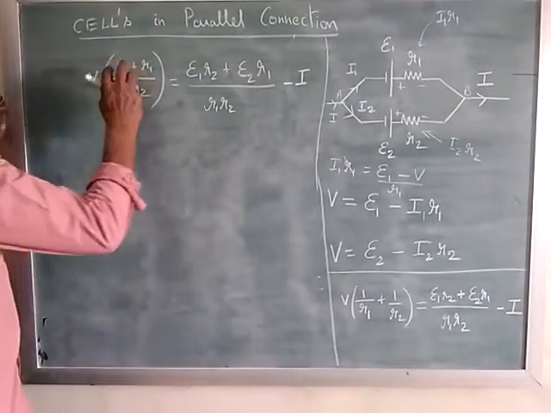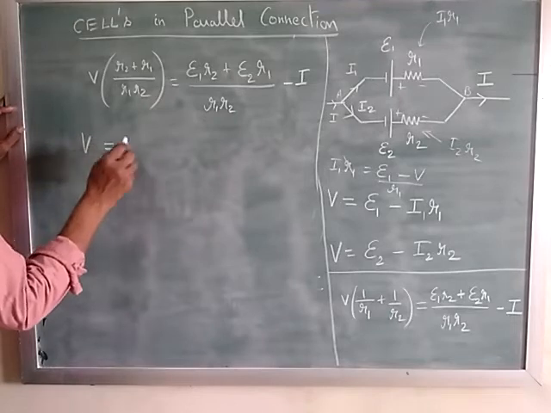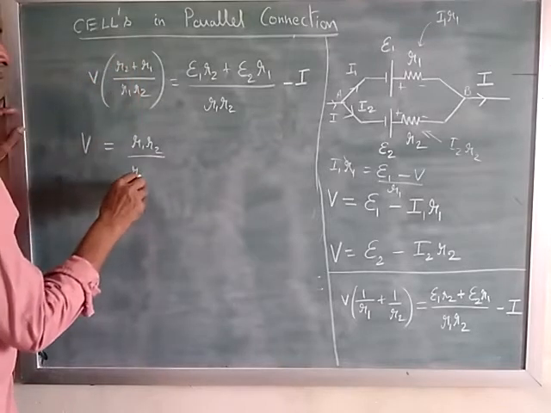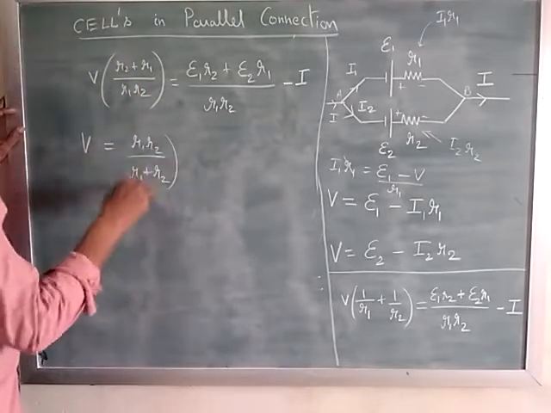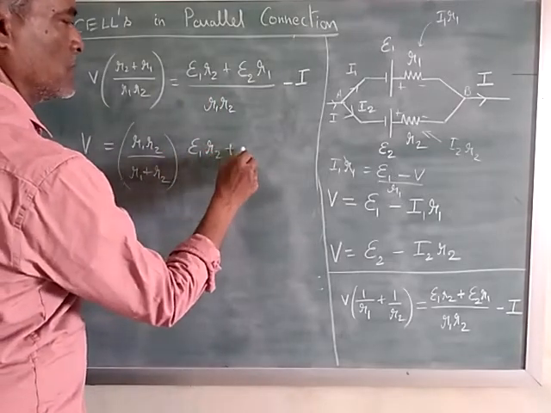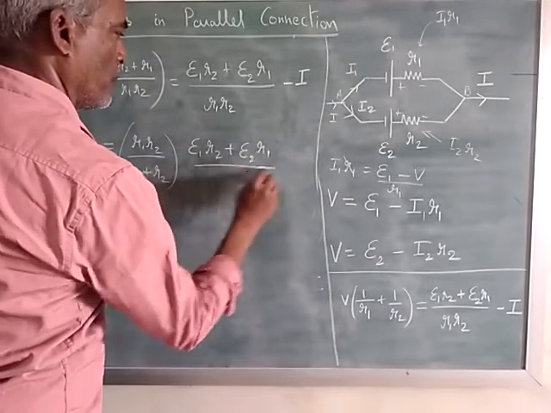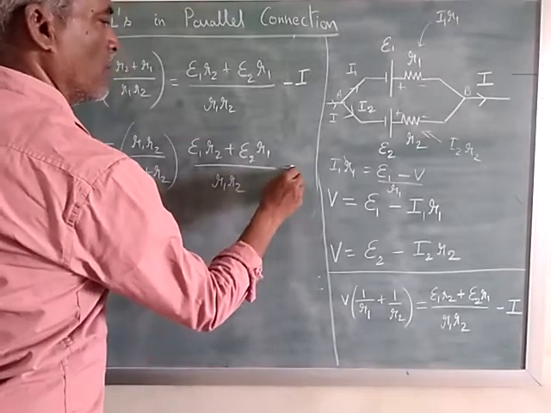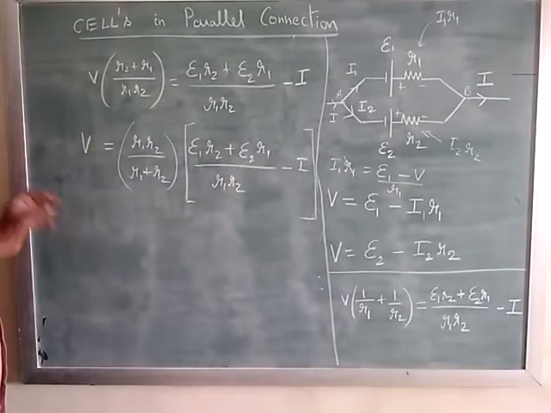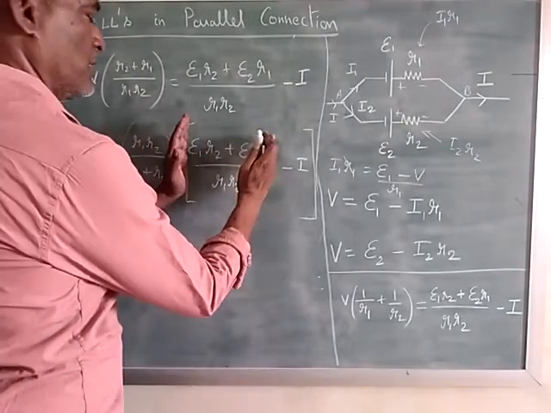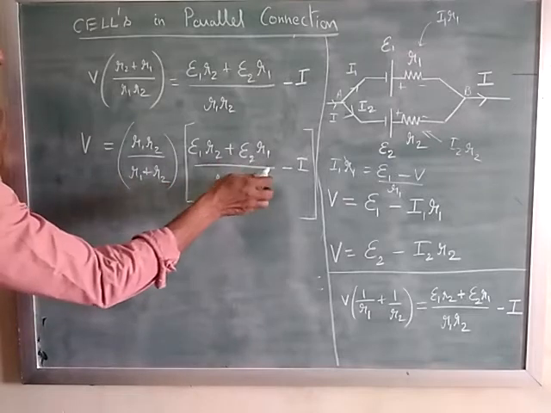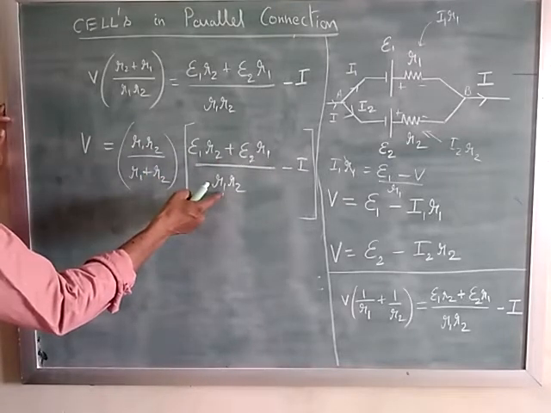Now, bring this term to the other side. So V is equal to R1 R2 by R1 plus R2 into E1 R2 plus E2 R1 by R1 R2 minus I. Now multiply this term with the first term and multiply this term with I. If you multiply this term with this term, R1 R2 gets cancelled.